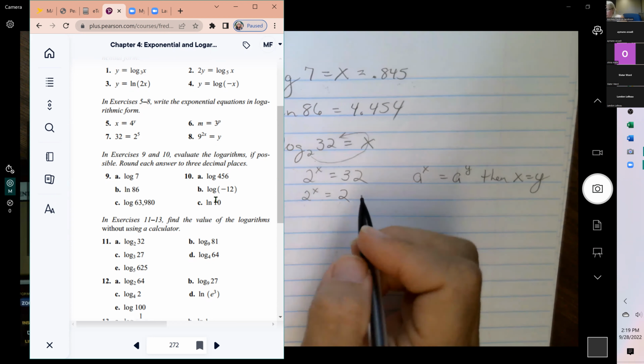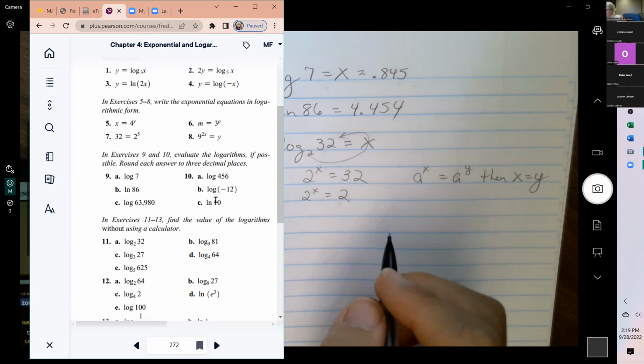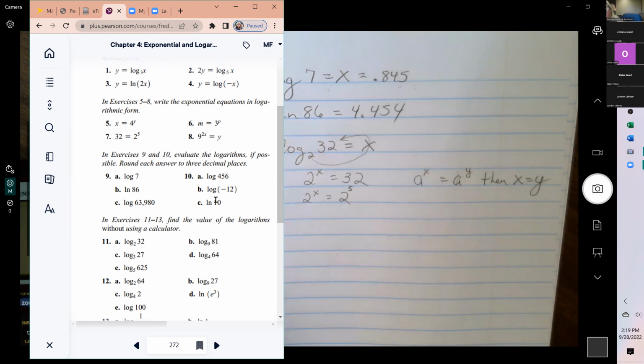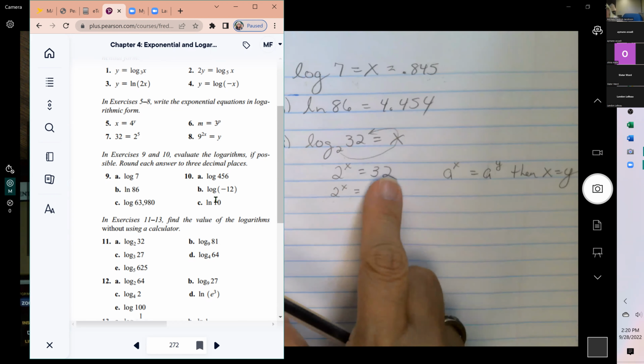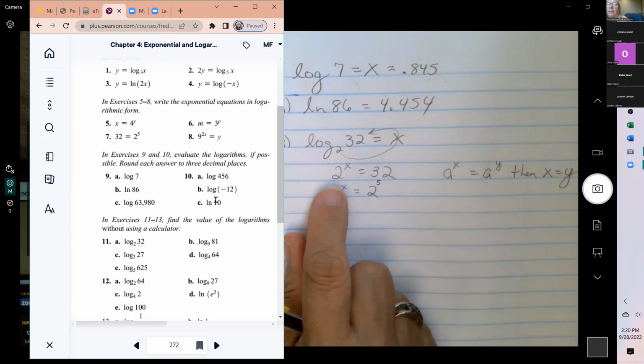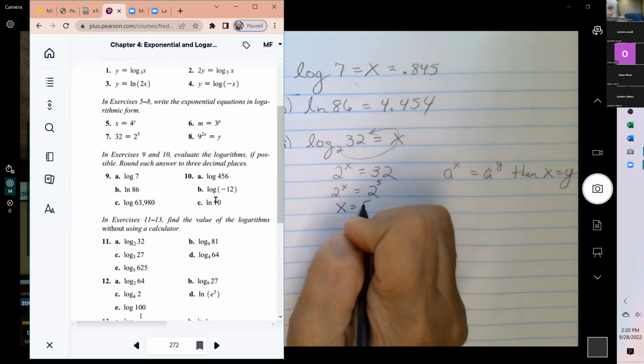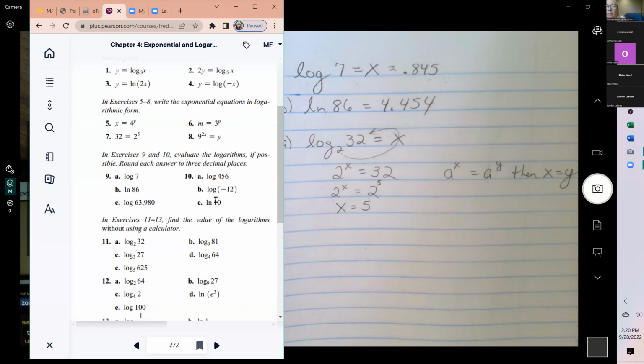I think it's 2, 4, 8, 16, 32. So 32 is 2 to the 5th, which means x equals 5. Any questions?